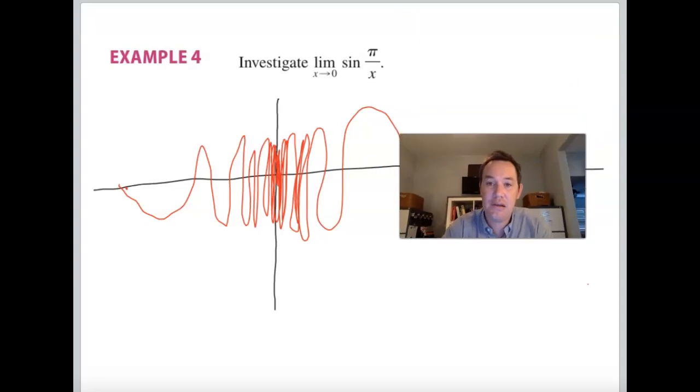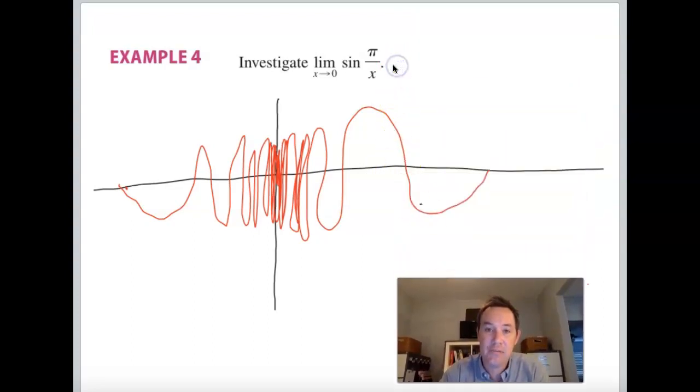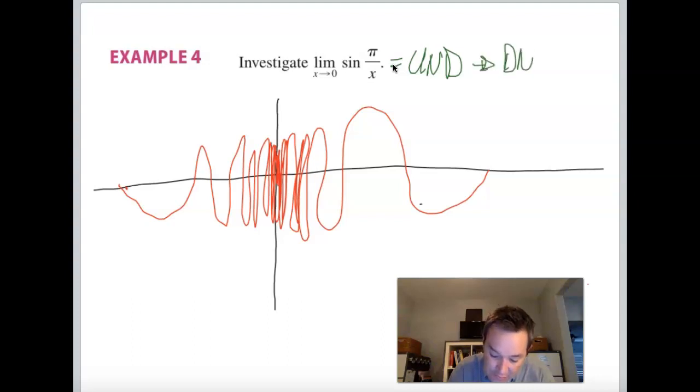So this is a special case where we would say the limit of sine of pi over x as x approaches 0 is undefined, or does not exist. DNE stands for does not exist. UND stands for undefined.